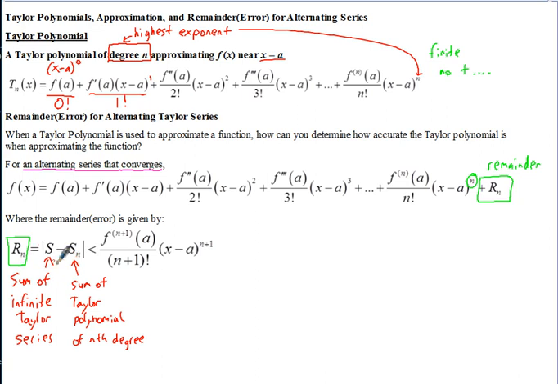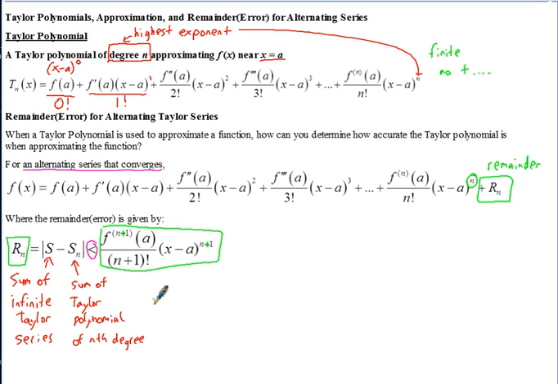Notice it's an absolute value sign, so we're always considering the error as a positive value. And what it's saying is that error is always going to be less than this expression right here. Well, this is actually a lot less complicated than it looks here. It's a little hard to read, but those are plus signs there, and plus 1, and plus 1. And then plus 1 there.